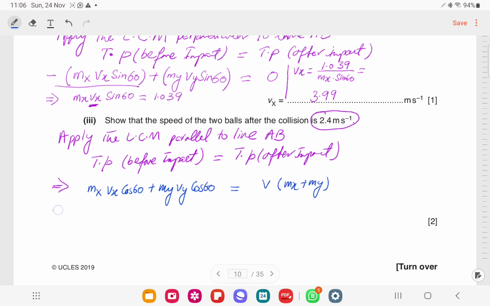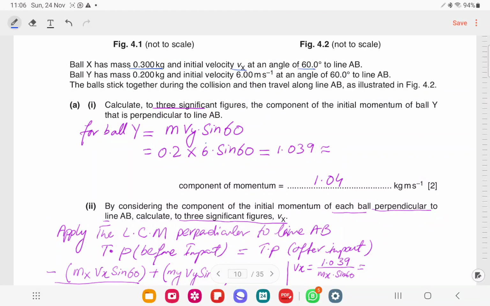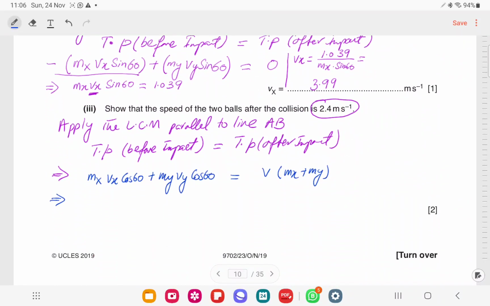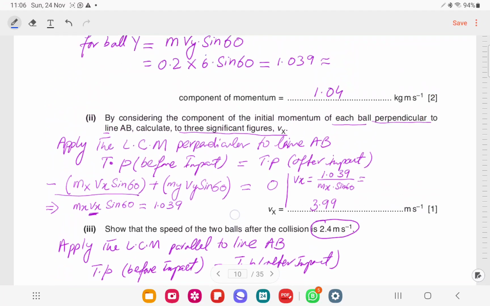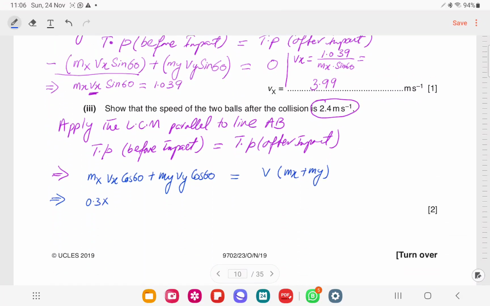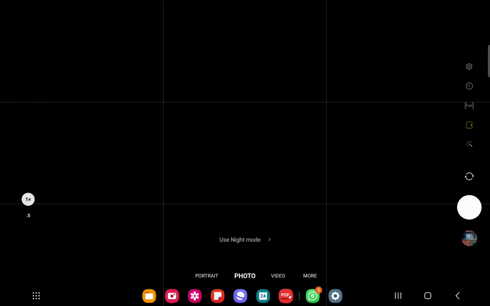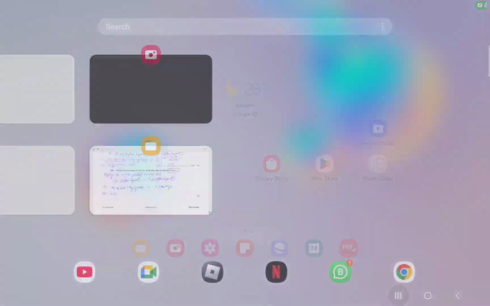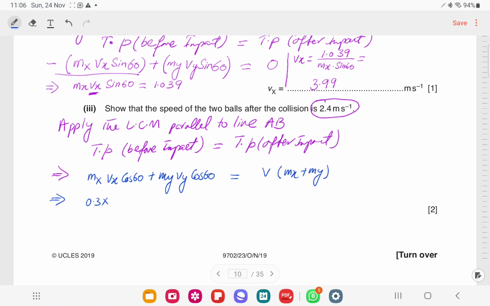plus my. Now mx is 0.3, right? Yes, mass of x is 0.3. So 0.3 into Vx we obtained 3.99. I'm sorry, something went wrong for a minute. All right, okay.